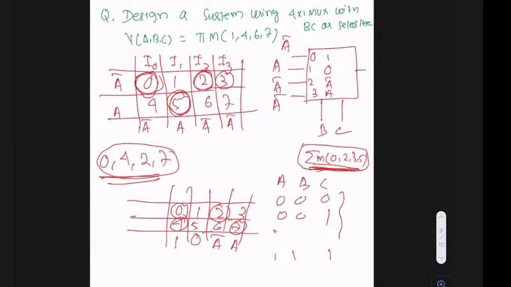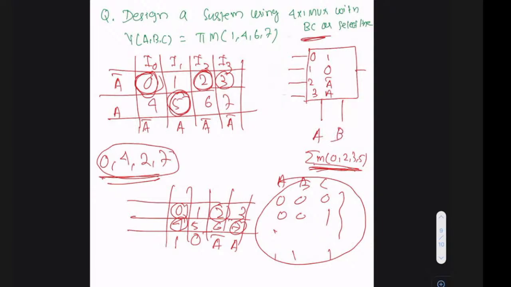Sometimes, instead of having BC as the select line, they may say use AB as the select line or use AC as the select line. Accordingly, from this table, you have to see which numbers to write here. So let us do that. Suppose I say I don't need BC as the select line, I need AB as the select line.